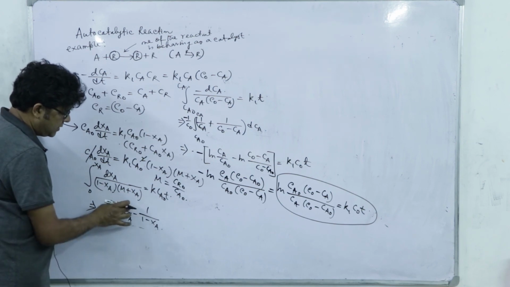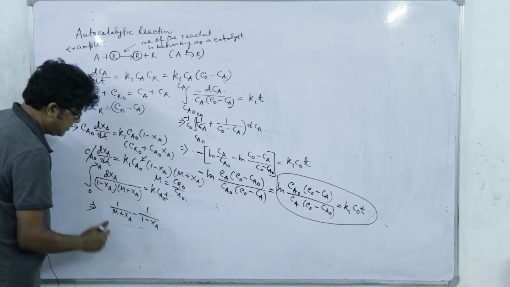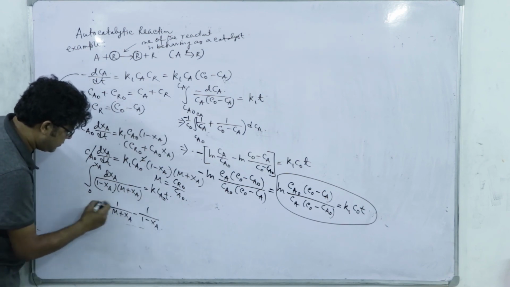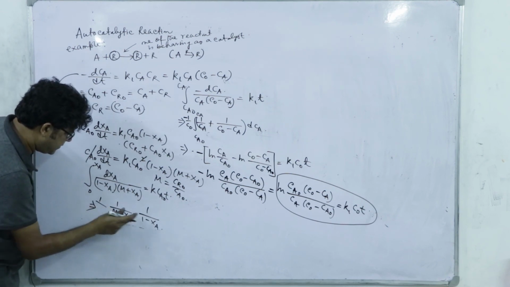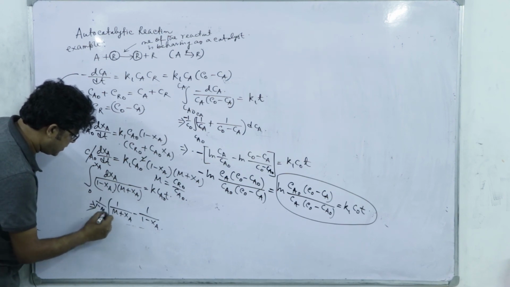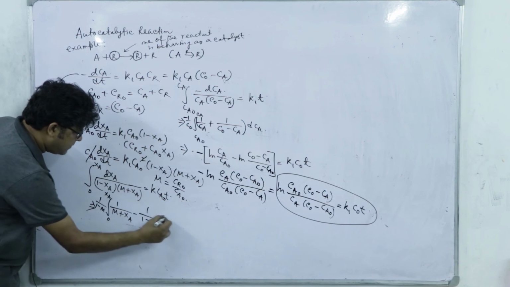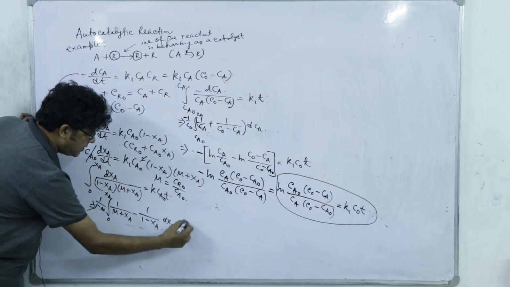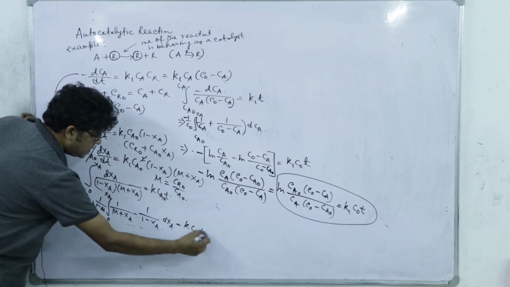So, 1 minus Xa minus M minus Xa minus M. So, 1 divided by 1 minus Xa minus M. So, 1 minus M integration 0 to Xa dXA equal to K into Ca naught into T.